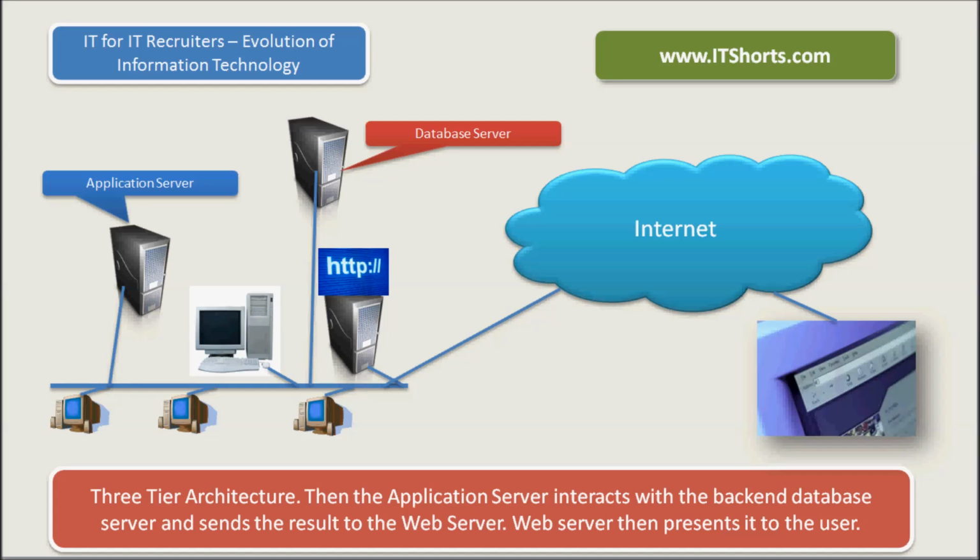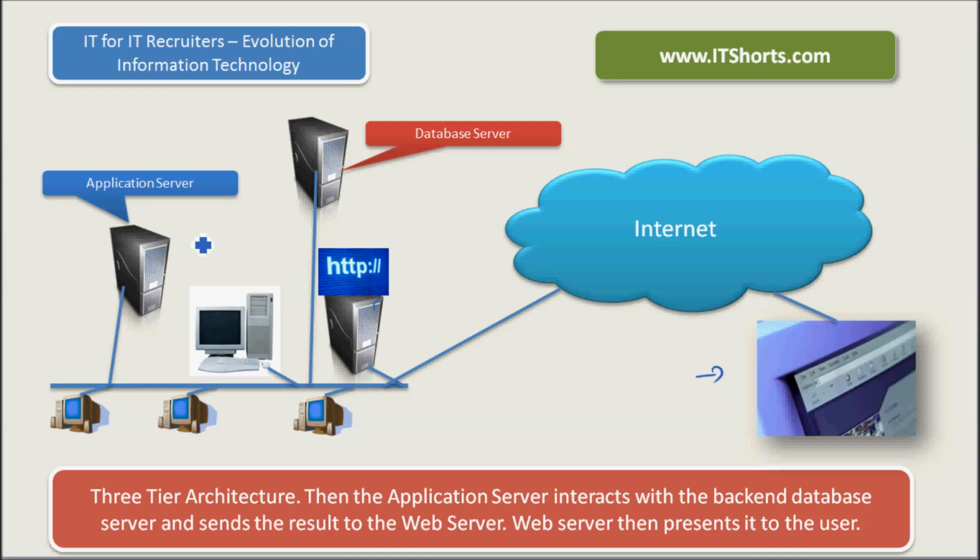The application server interacts with the backend database server and sends the result to the web server. So the web server then presents it to the user. Okay, so again let me repeat, this is the base for the subsequent videos in this series. So a user from the internet goes to a website using a browser, and the web pages are delivered by this web server, and if any intelligent task is needed, I'm just generalizing it as intelligent.